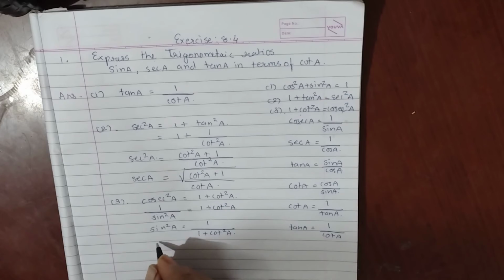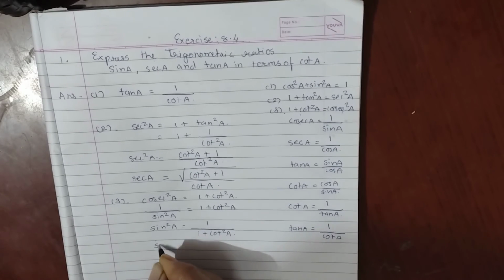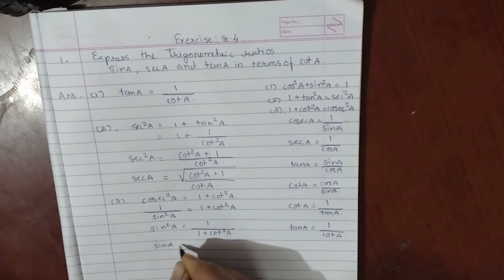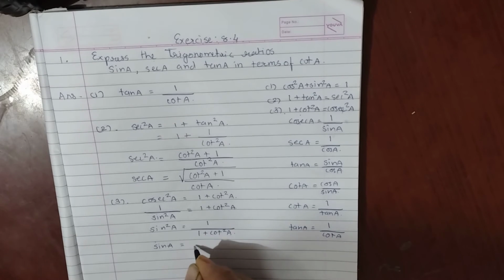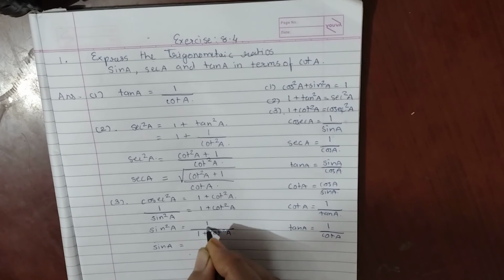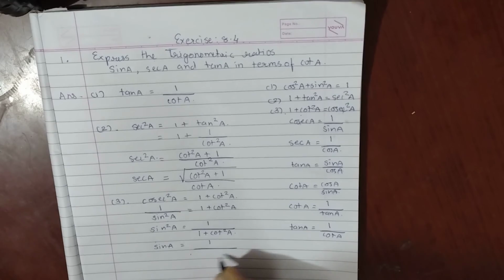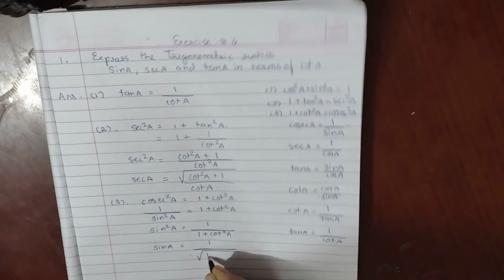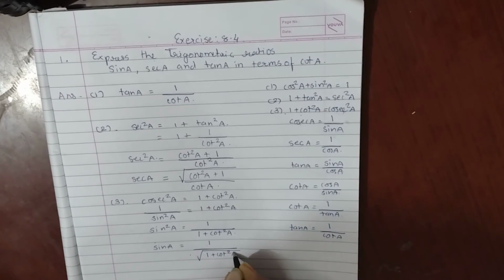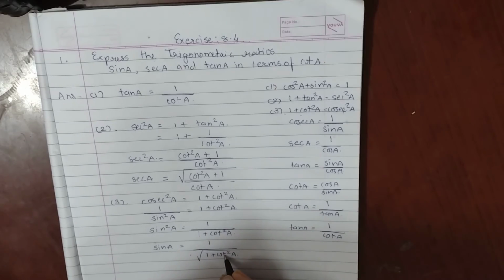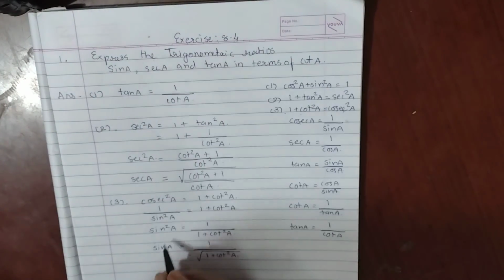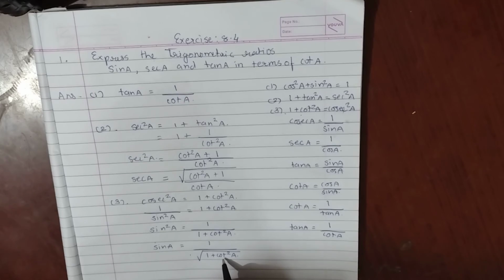So here it will be the same way, we need sine A equals, so here we can write under root form that 1 will be as 1, so 1 upon under root 1 plus cot square A. So this is the ratio we have used for sine in terms of cot.